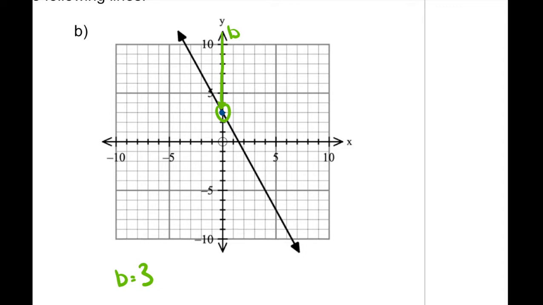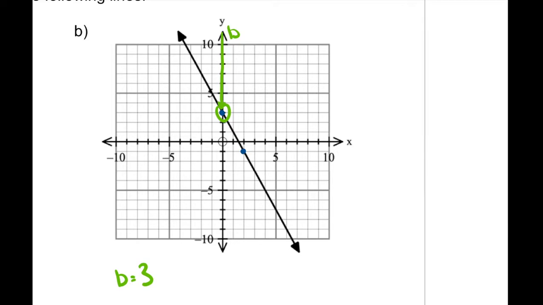Next, we need to figure out our multiplier. Here, again, we have one key point. Let's find another one. There's another key point. Again, it crosses the grid nicely. I can easily see the coordinates of that point. It falls nicely on a grid.